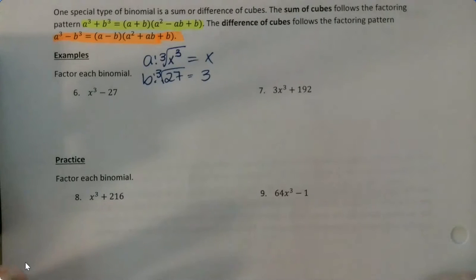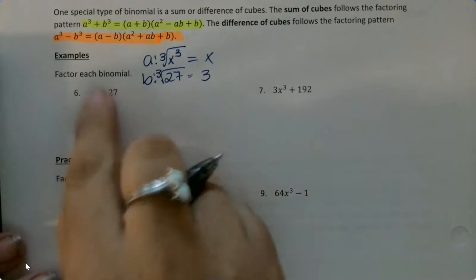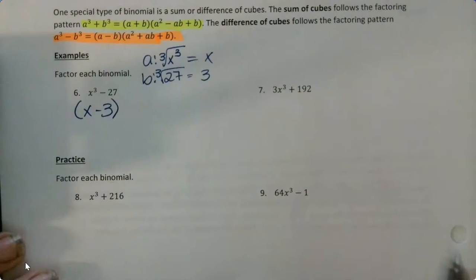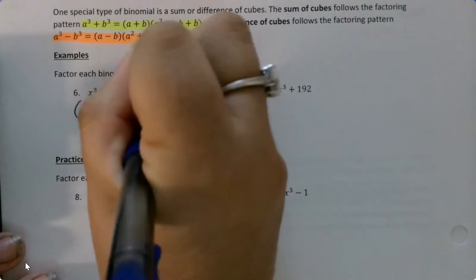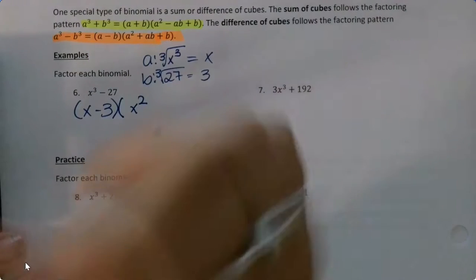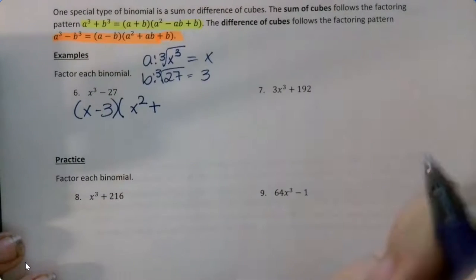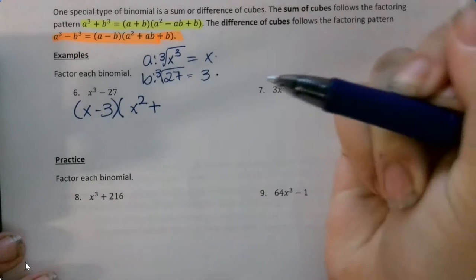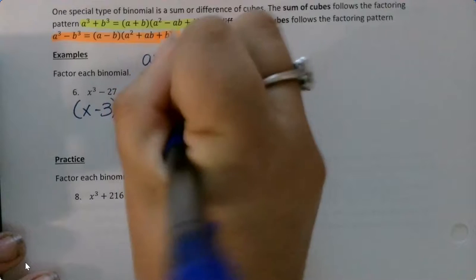So now that I have my a and b, which one do I want to plug into, the yellow highlighted one or the orange one? Okay, orange, because it's got a minus in the middle. So I'm going to have x minus 3 for my first group. Then for my second group, I square my a term. I'm going to have a positive sign. And then I take my a and b values and multiply together, so x times 3, 3x.